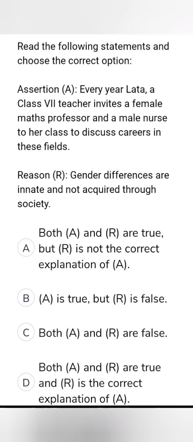Option number A, both A and R are true, but R is not the correct explanation of A. Option number B, A is true but R is false. C, both A and R are false. Option number D, both A and R are true but R is the correct explanation of A. So our answer is option number B, A is true but R is false.